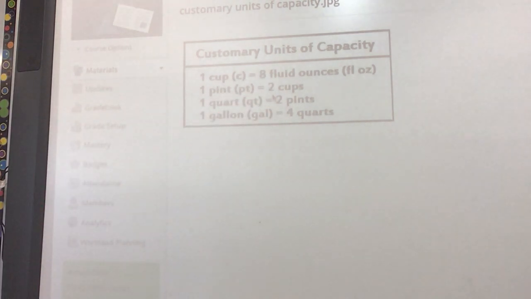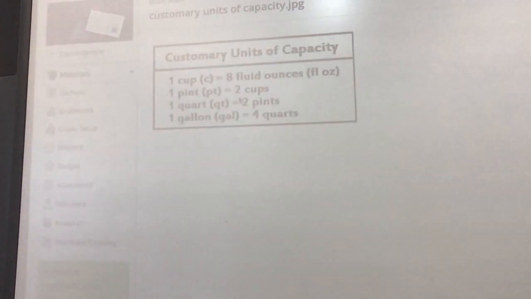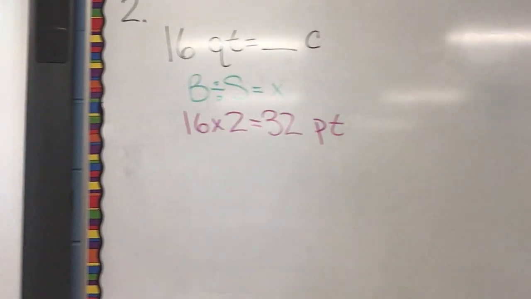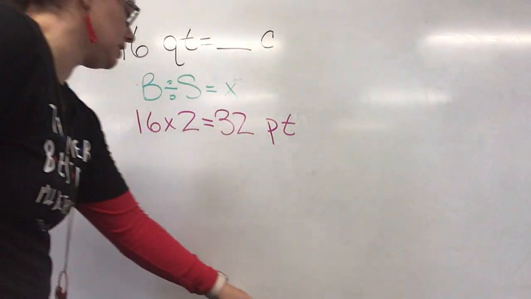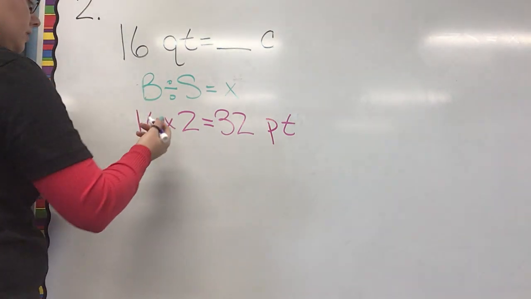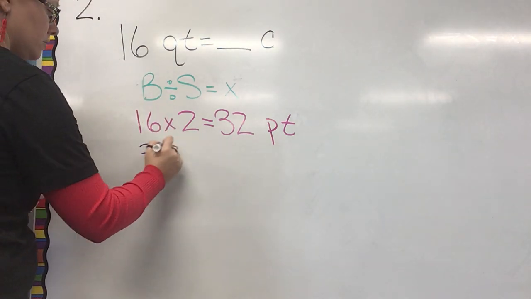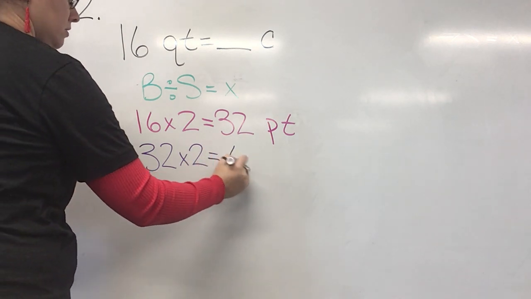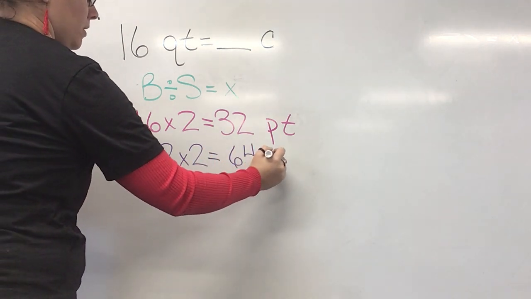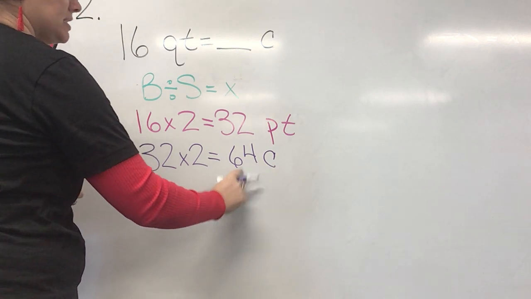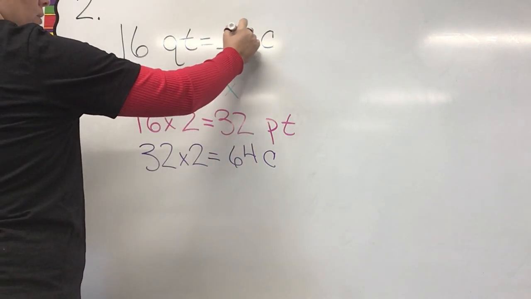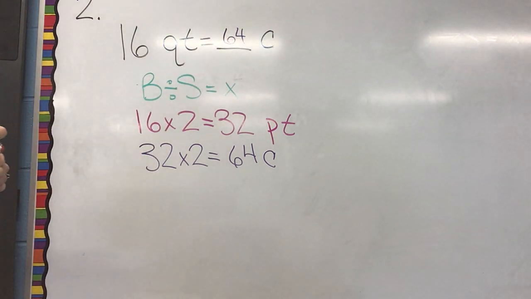So what do I need to do with that number I have now? 32 times what? 2. Very nice. 32 times 2. What is 32 times 2? And 64 what? Cups. Is that what they wanted? Our measurement in cups? Yes. They want us to convert quarts to cups. 64 cups.